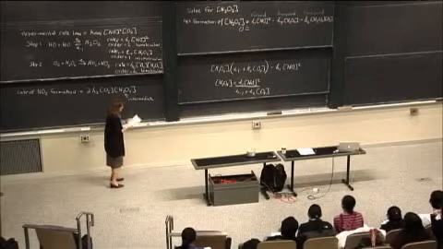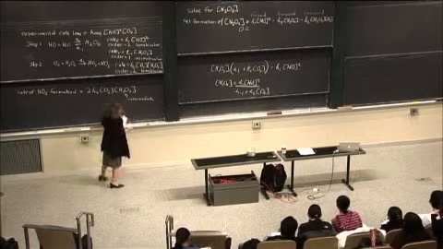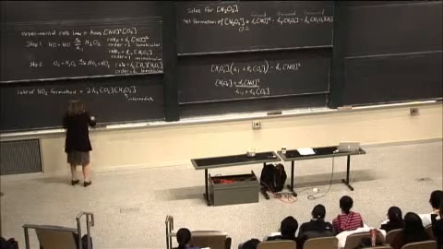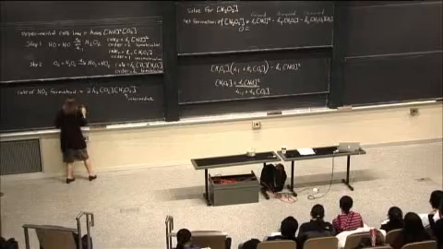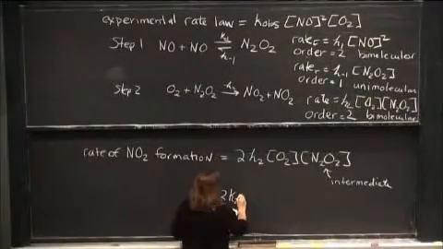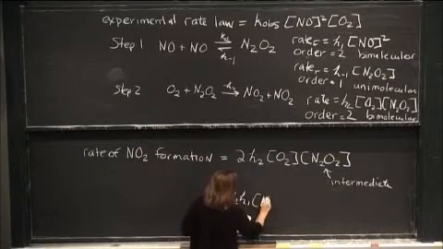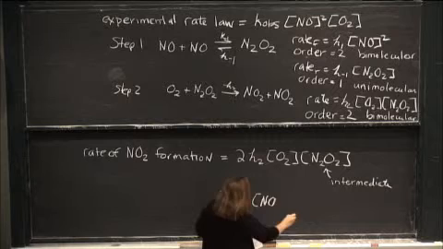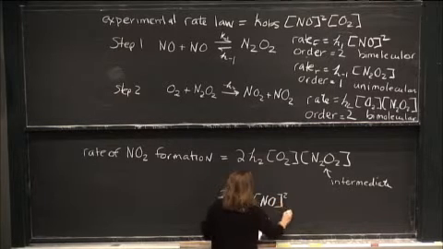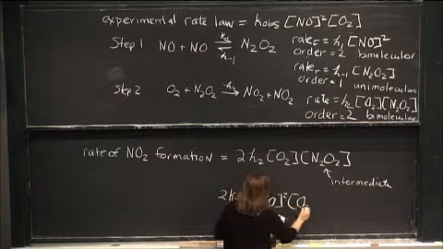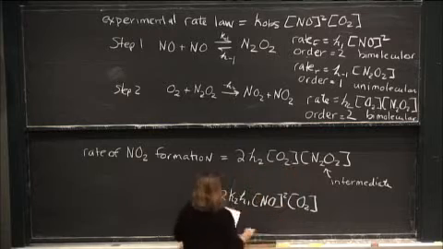And if we substitute it back into here, let's do that over here. So now we'll have K2 times K2. We'll also have a K1 term. We're going to have NO squared. We also have an O2 term from over here.